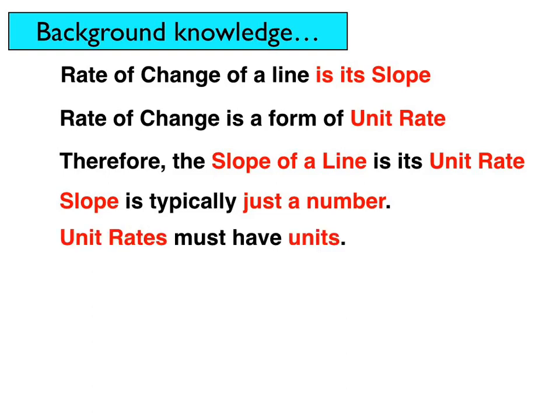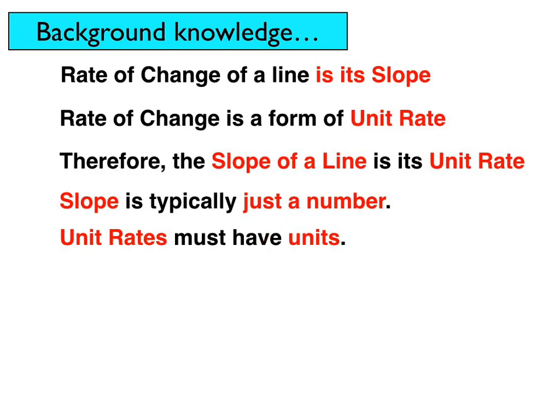Unit rates must have units. So basically for slope, we can get away with just writing a number like m equals 4. But if we're finding a rate of change or a unit rate, because once again a rate of change is a form of unit rate, we must have units. Like in the warm-up today, I think it was $1.25 per drink. So make sure if you're asked for a rate of change or unit rate from here on out, we include the units for the problem.